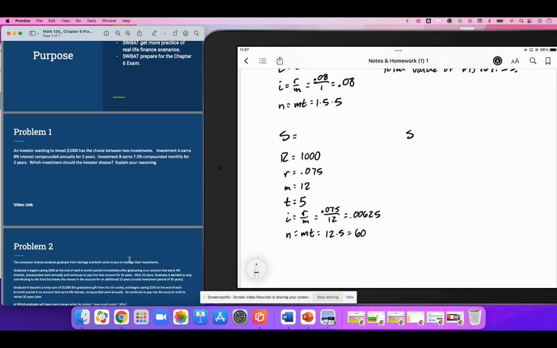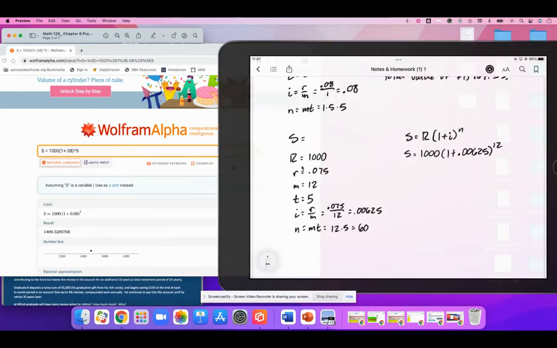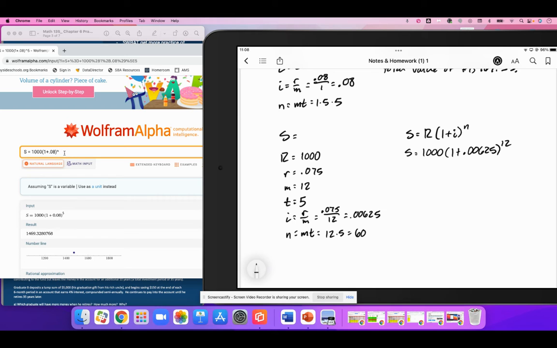So compound interest formula again. And so we've got S equals 1,000 times 1 plus 0.00625 to the power of, not 12, to the power of 60. And so we'll see how these two investment options compare to each other.